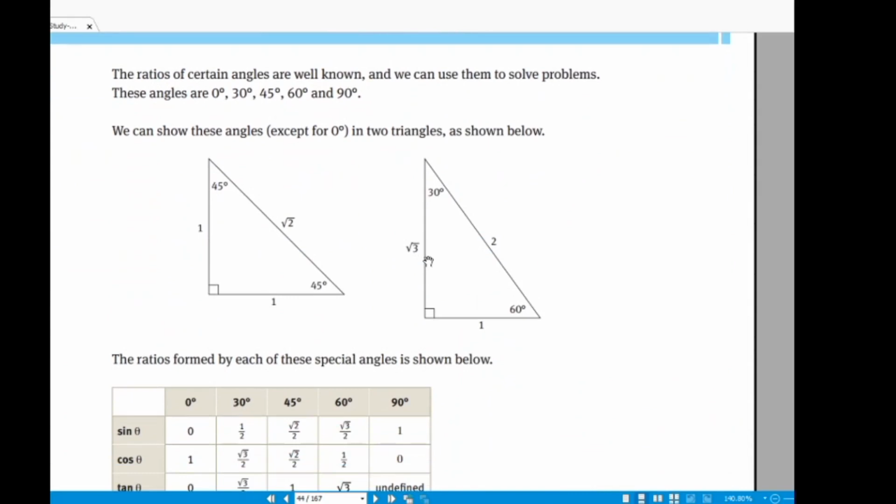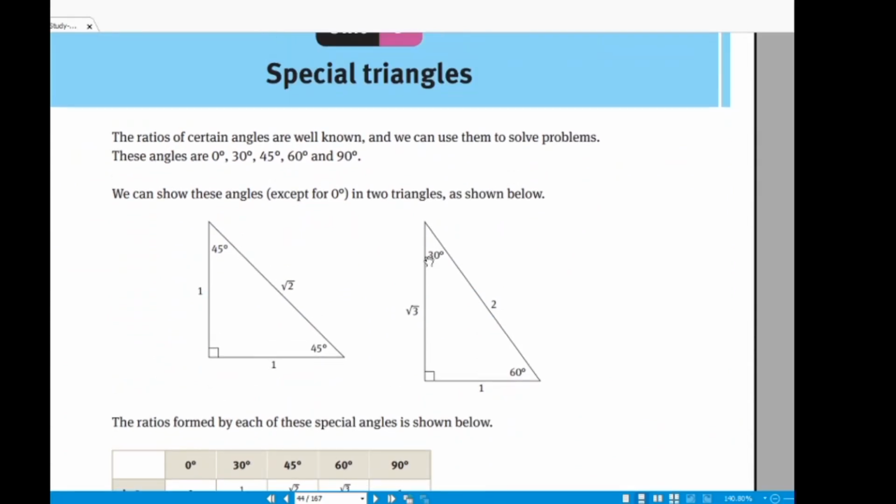Okay, and then we have the special triangles or special angles. The way they test special angles or special triangles is that if they give you a special triangle or special angle, they will usually test it by saying you must not use a calculator. That's how they will know you are using the special angles or triangles, right? They say the ratios of certain angles are well known and we can use them to solve problems.